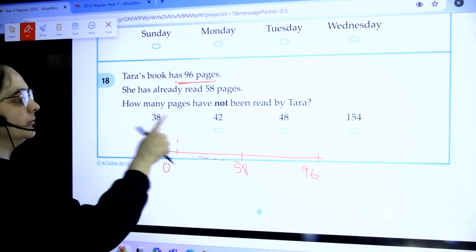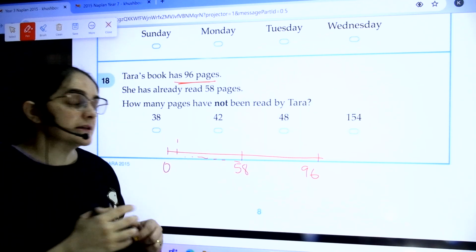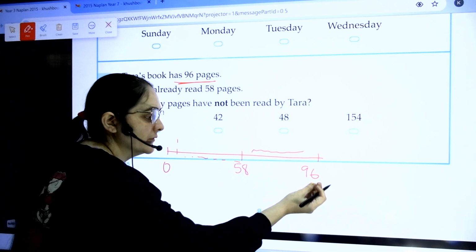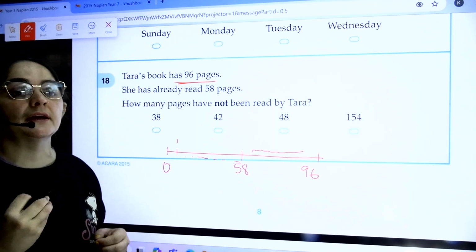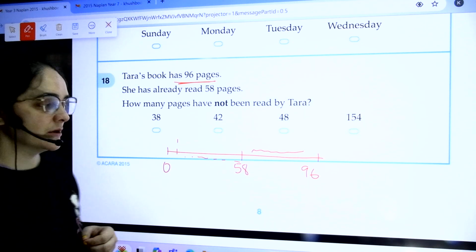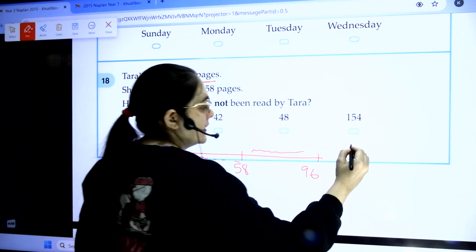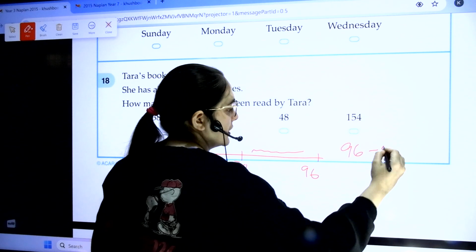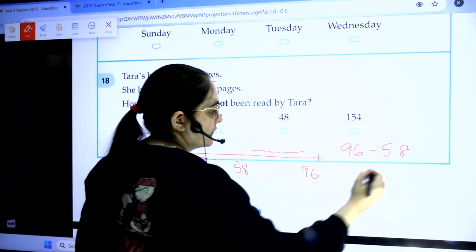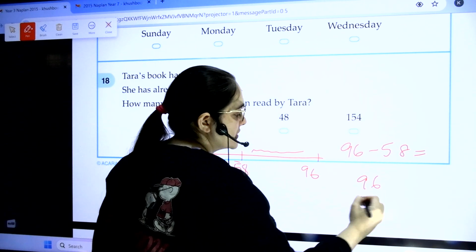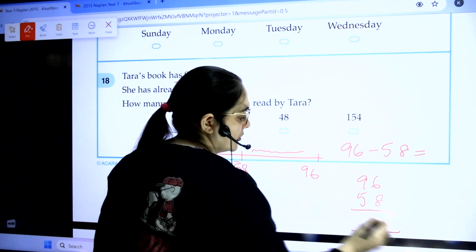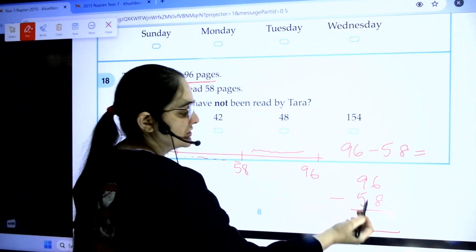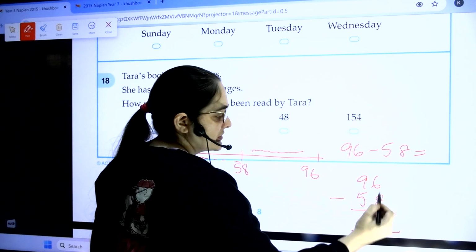So how many pages have not been read by Tara is the difference of these numbers, isn't it? It's the gap. She needs to read more pages. How many? 96 take away 58. For that you should borrow and subtract. Doing column subtraction, because 6 is less than 8, we'll borrow.